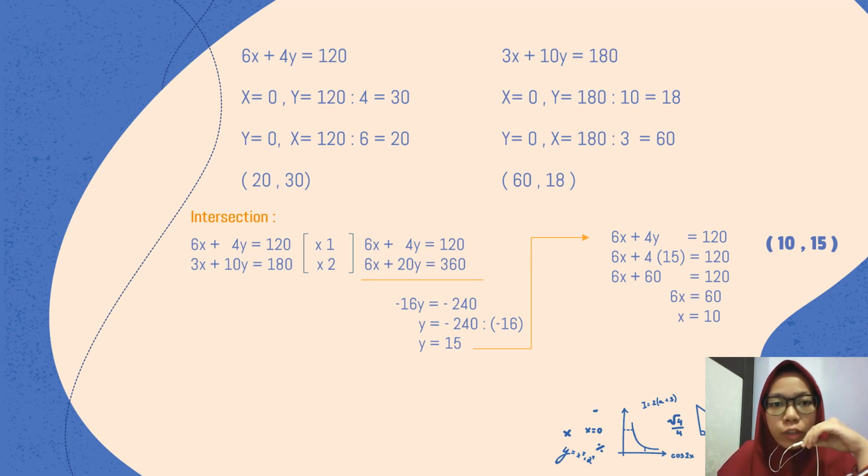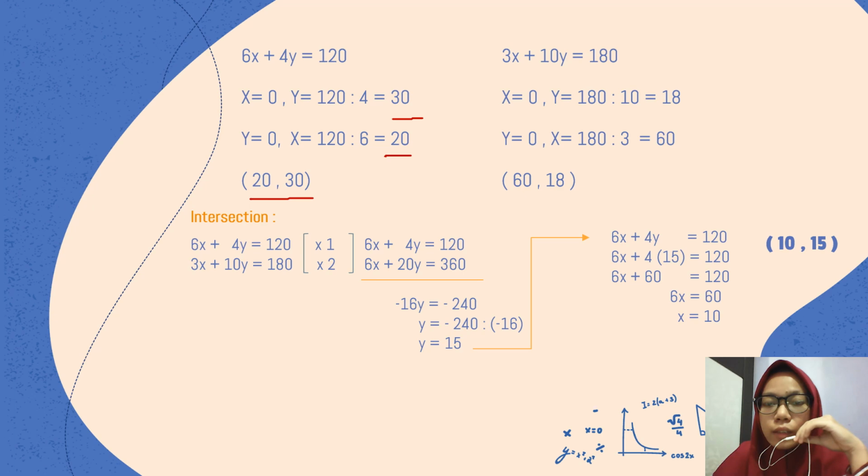The first equation is 6x plus 4y is equal to 120. If x is equal to 0, then y is equal to 120 divided by 4, and the result is 30. And if y is equal to 0, then x is equal to 120 divided by 6, and the result is 20. So the points of the first equation are (0, 30) and (20, 0).